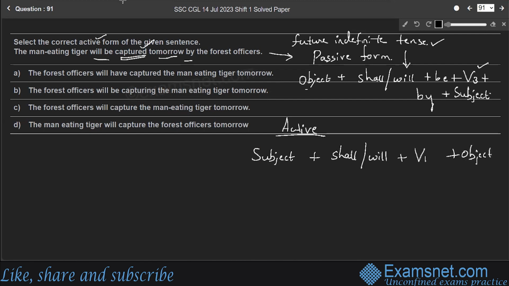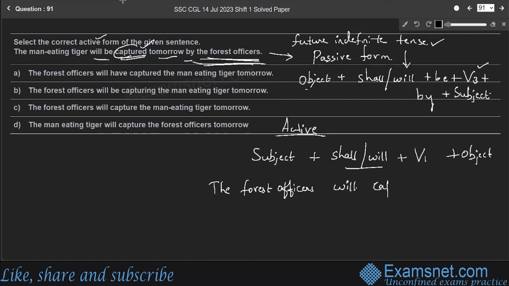Very simple, right? So the subject here is forest officers. The forest officers will, and here the first form of the verb is capture.